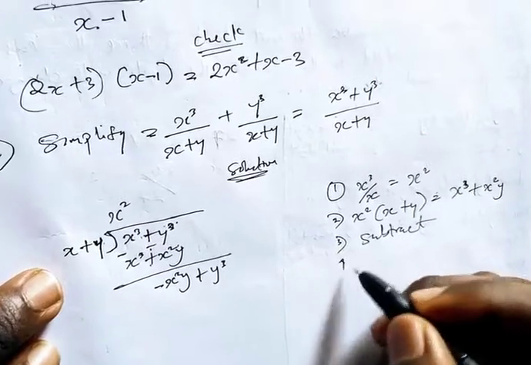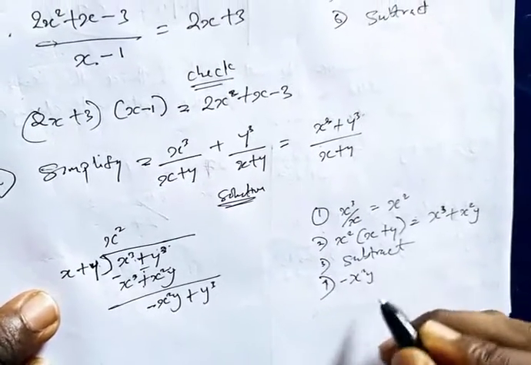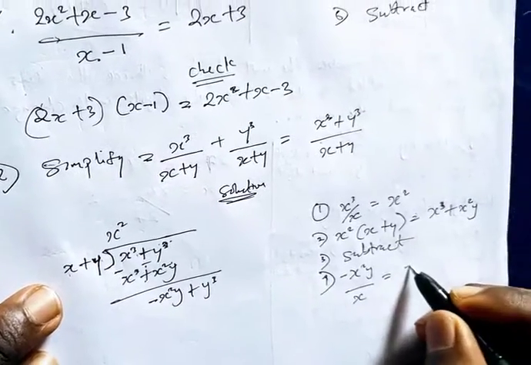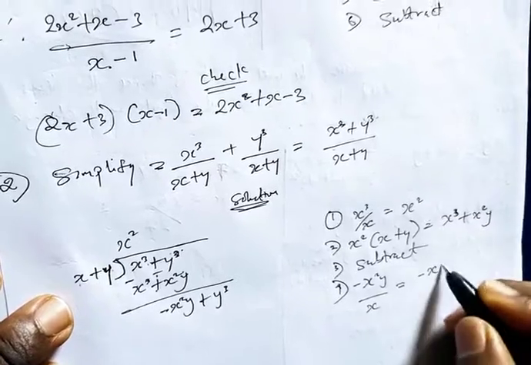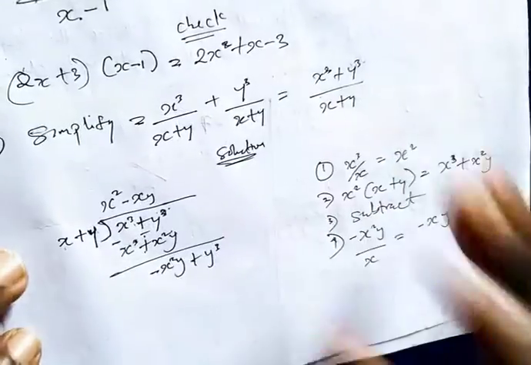Then I go over it again. Negative x squared y divided by x leaves me with negative xy. So negative xy.